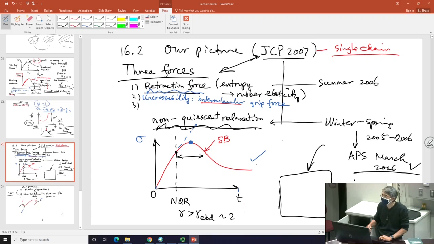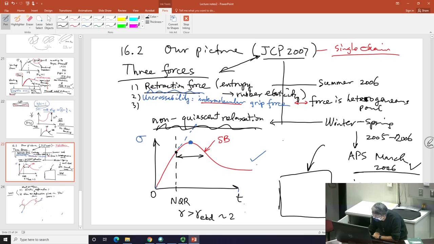So this acknowledgement of what other chains are doing is a little bit different than introducing the tube concept. A simple way to say it is that we recognize this force is heterogeneous. In other words, you may even call it point-like, because this is just a point.